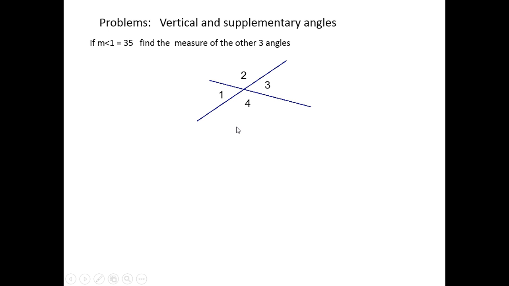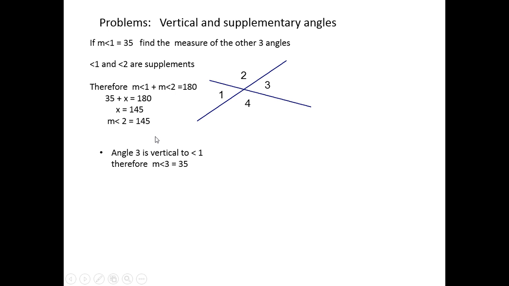Here's an example I was alluding to earlier. If I know one angle, then I effectively know the other three. Given angle 1 is 35, angles 1 and 2 are supplements, and therefore add to 180. Calling the unknown angle x, 35 plus x equals 180, so x equals 145, that being angle 2.